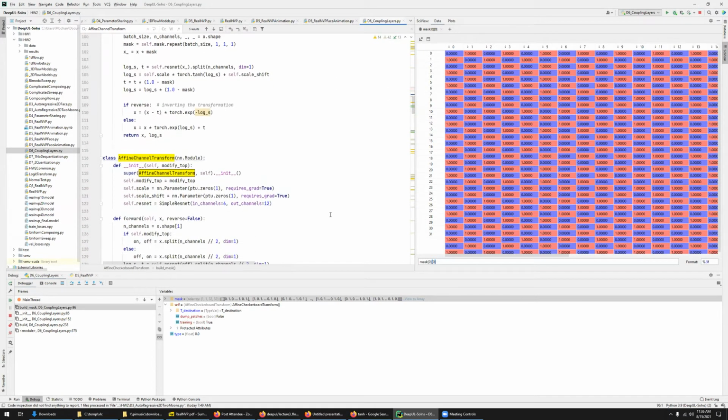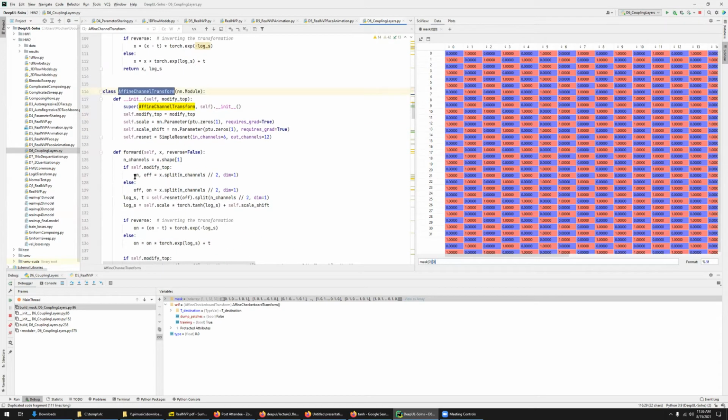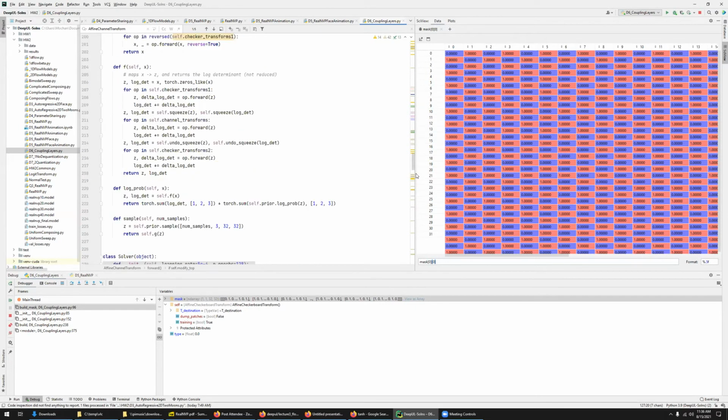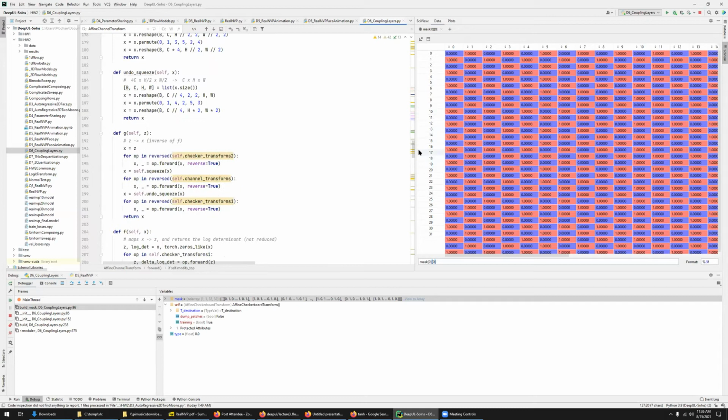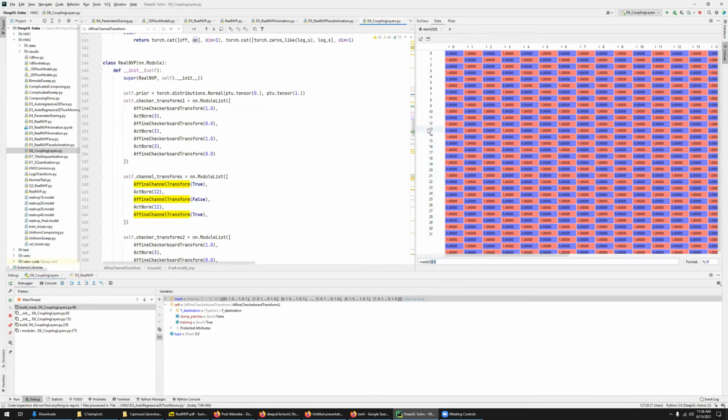The other pattern is the channel transform. Here it's on and off. If we look at this here, where did the RealNVP go? Okay, here. It's true, false, true.